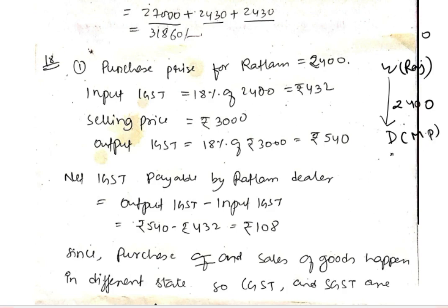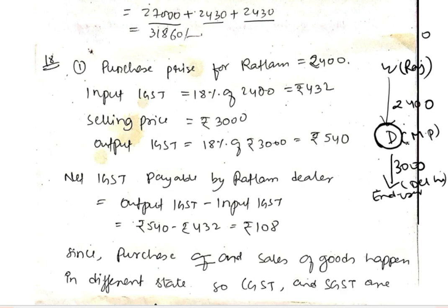And again the Ratlam dealer sold it to an end user in Delhi at a price of 3000. So the question is, what is the net CGST or IGST or SGST payable by the Ratlam dealer? So we have to calculate the tax payable by this dealer.